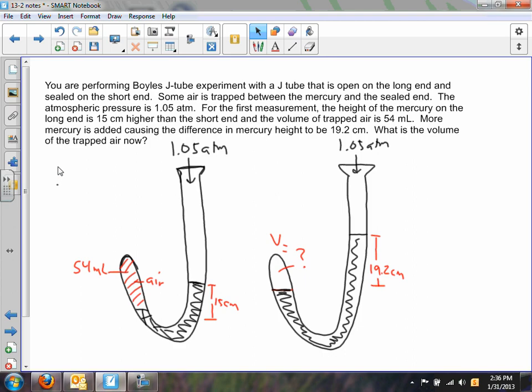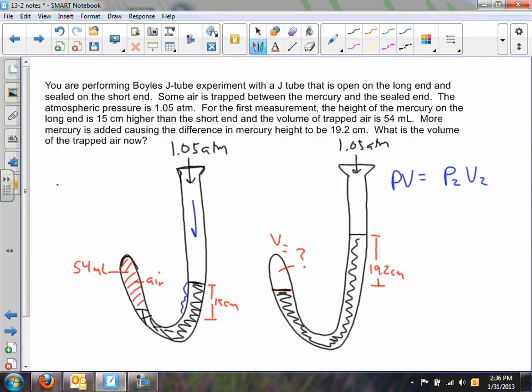Well, from Boyle's law, we know that pressure times volume equals a new pressure times a new volume. The thing we have to be concerned with is we really have two pressures. Not only do I have the pressure difference because of this height, I also have the air pushing down.